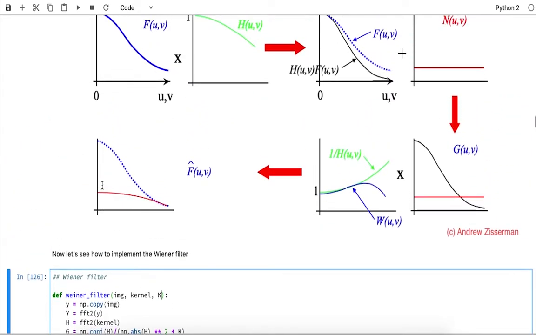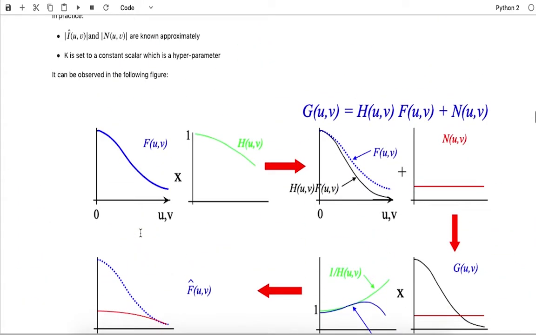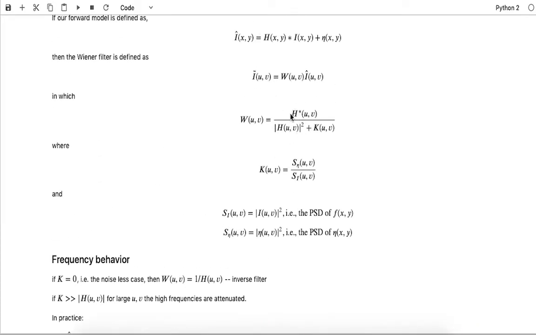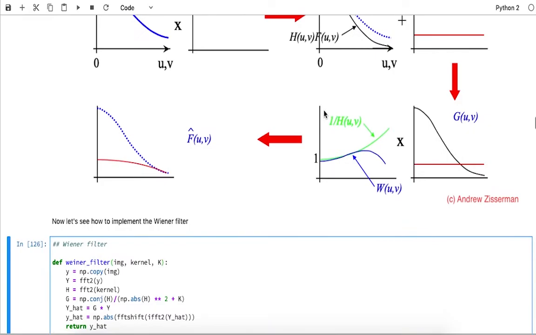Since it's an FFT, it calculates the complex conjugate of this h, and then you divide by this, right? So this is basically calculating this. You take np.conj of this and np.abs of this squared plus k. K is something that you provide.